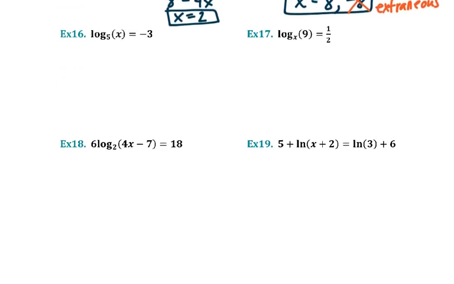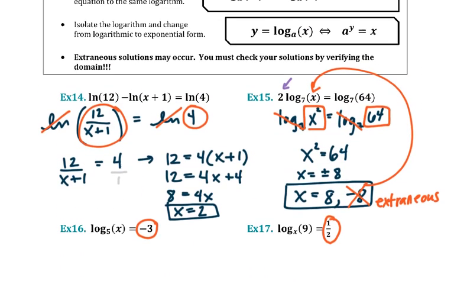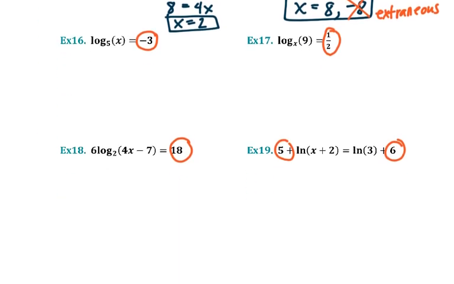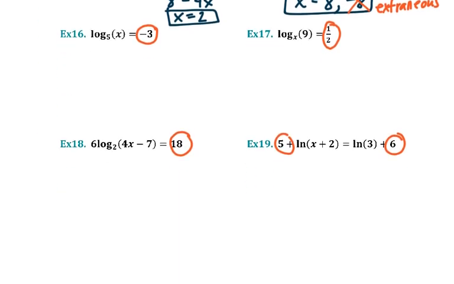So we have examples 16, 17, 18, and 19 left. And what we want to notice about these examples is that they all have a constant term. Okay, so they all have a value that's just a number. So in these situations where we have a constant, this is going to be like a log equal to a number, like this rule. And we're going to convert into an exponential equation to solve.